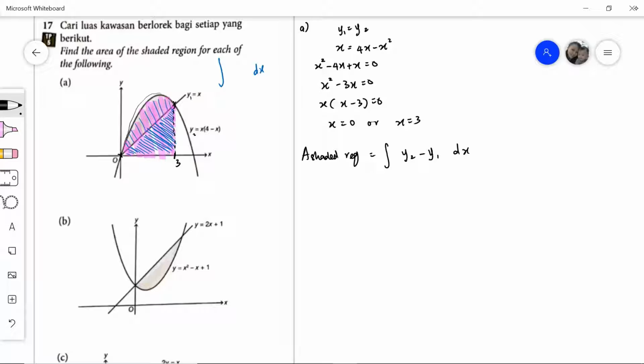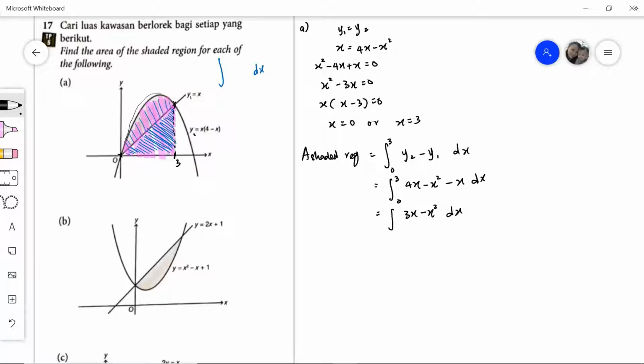Therefore, our boundary is definitely along the x-axis, so 0 to 3. So what is y2? y2 is 4x minus x squared. The y1 is x. So we combine it, 0 to 3, dx. So 3x minus x squared.